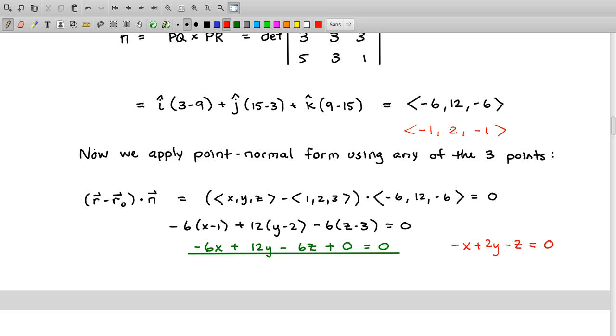This is the same plane. This is just a shorter version of the normal, and the plane's definition does not depend on the length of the normal. So these are entirely equivalent. You may choose to simplify your equations for planes, if you like.